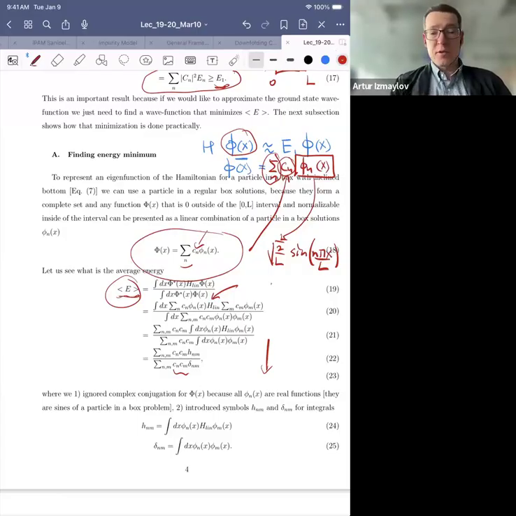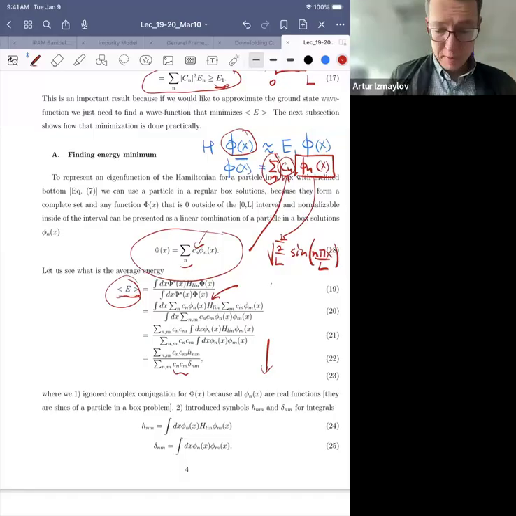We take them from the particle in the box. In the general case, we could take them from some problem that we know is relatively close to the one we are considering. But it's somewhat an art to find the problem that is close to the one we're looking for.